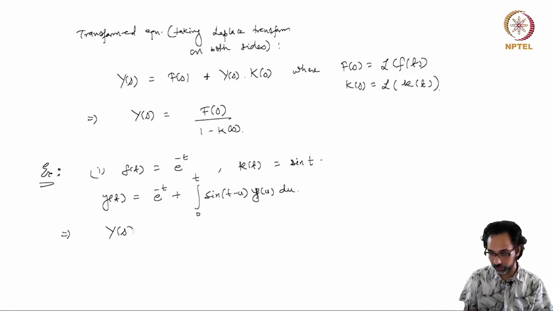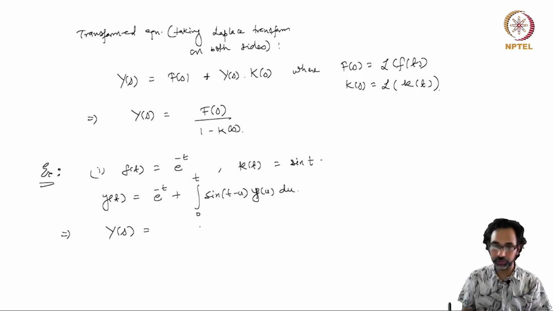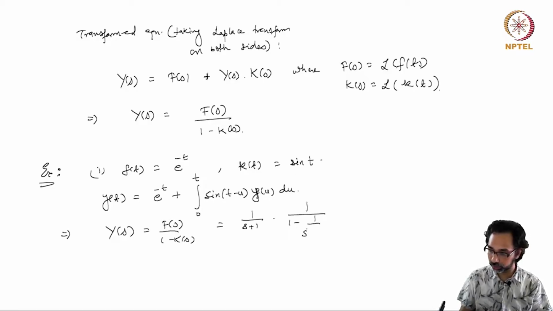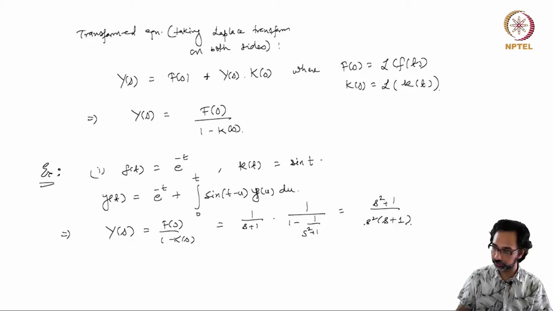From our formula for the transformed equation we get F(s) over 1 minus K(s). The Laplace transform of e to the power minus t is 1 over s plus 1 and the Laplace transform of sine t is 1 over s squared plus 1. So you get (s squared plus 1) over s squared times (s plus 1).